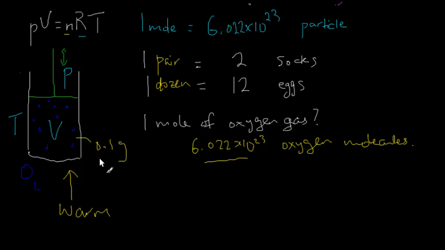But what is n? I've been talking about how n is the number of moles, and how 1 mole is this number of oxygen molecules. But if I have 0.1 gram of oxygen, how many moles of oxygen molecules do I have?